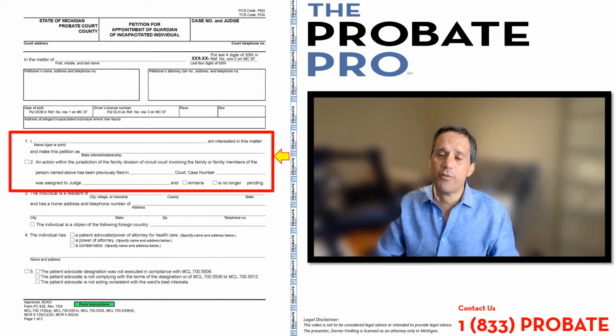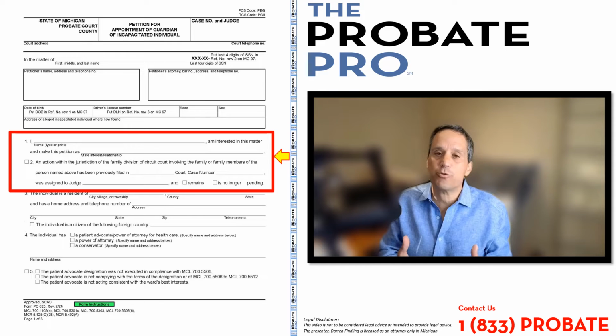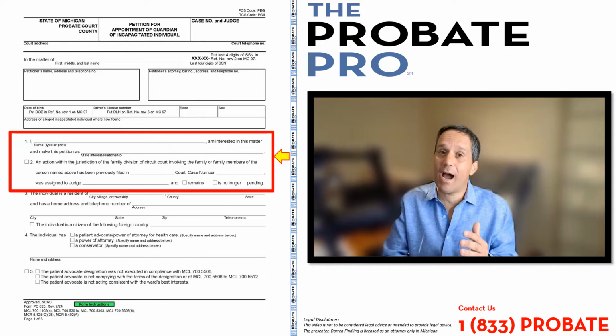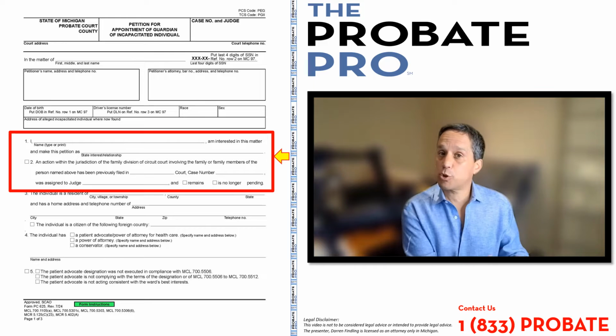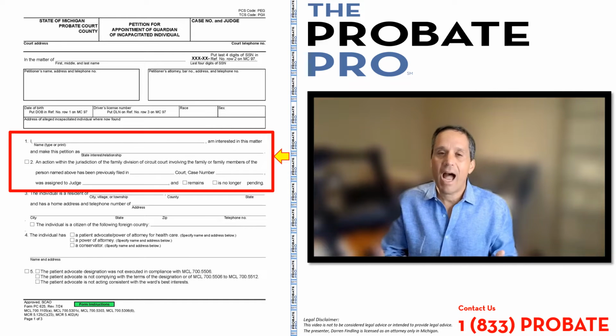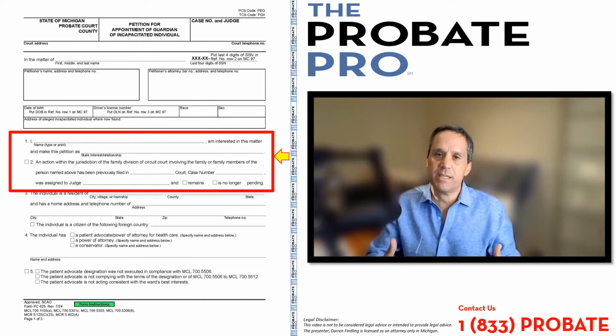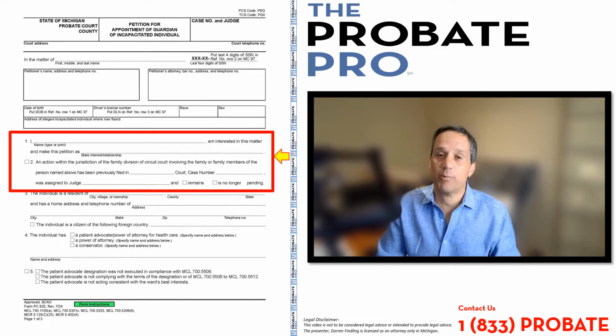As we work our way through the document, you'll see on paragraph 1, it says the name of the person. This is the person who is filing the petition, and you identify how you're interested in this matter. Maybe you're the spouse, the child, maybe you're the social worker, the neighbor. How are you interested in the petition that is being filed in relation to the person being sought guardianship over?